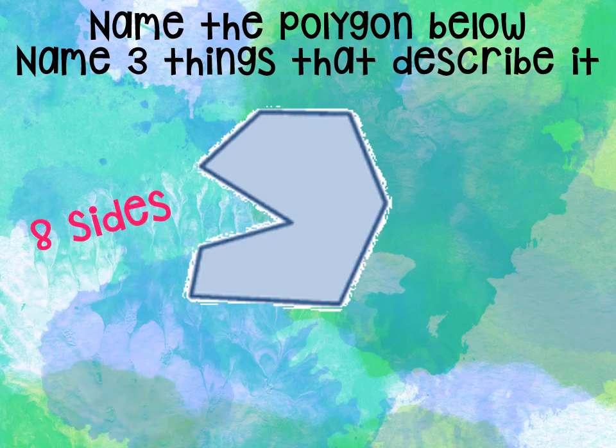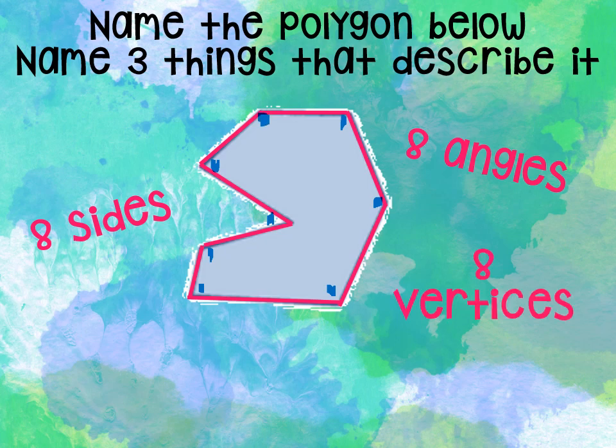Okay, well, it has 8 sides, doesn't it? 1, 2, 3, 4, 5, 6, 7, 8 sides. It also has 8 angles. 1, 2, 3, 4, 5, 6, 7, 8.